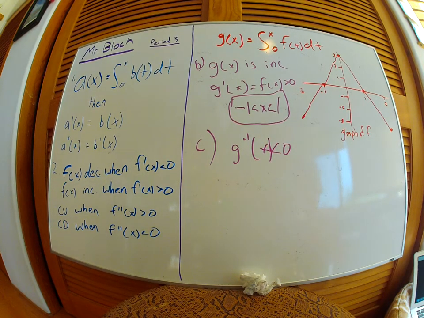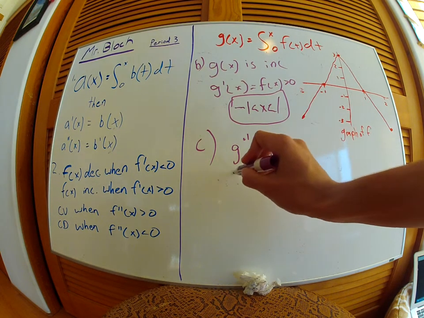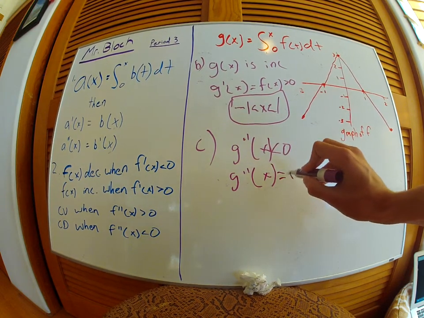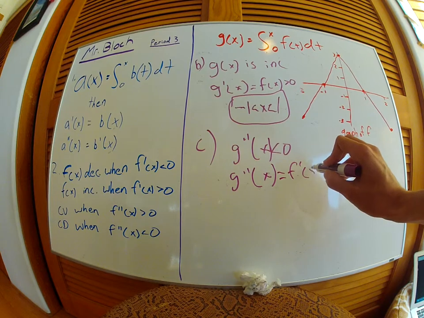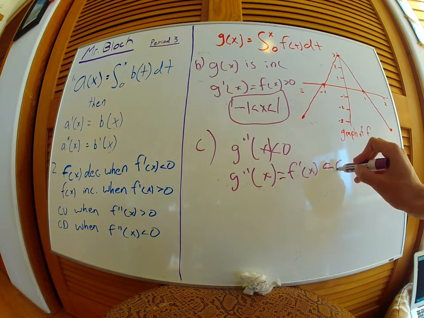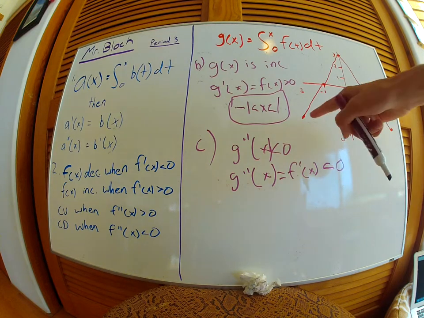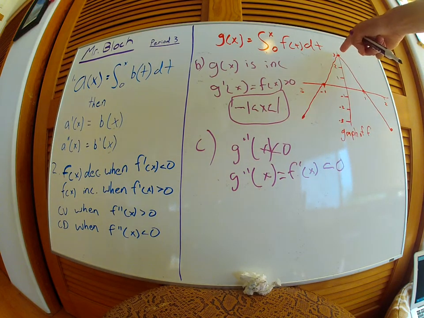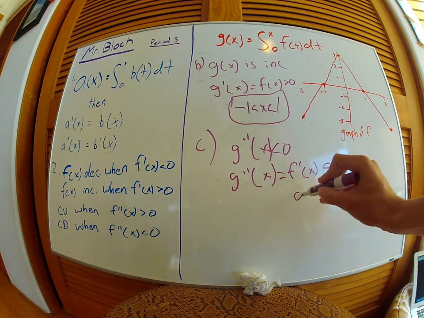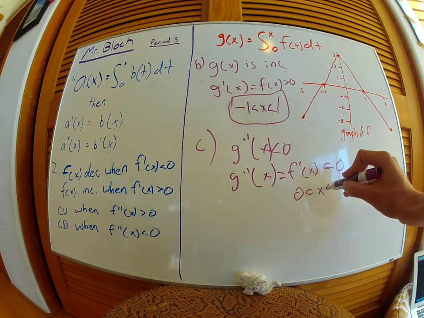So what is g double prime of x equal to? G double prime of x is equal to f prime of x in this graph. So where is f prime of x less than 0? Where is the slope negative? It's always positive here and then always negative here. So the answer would be 0 to 2.